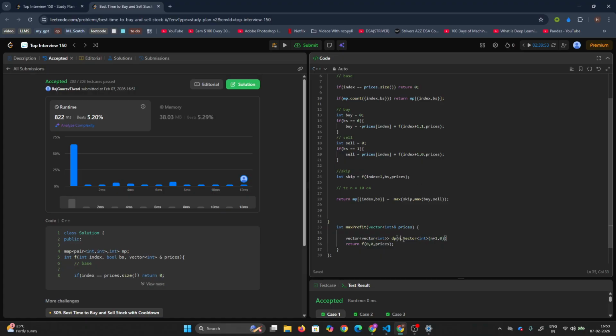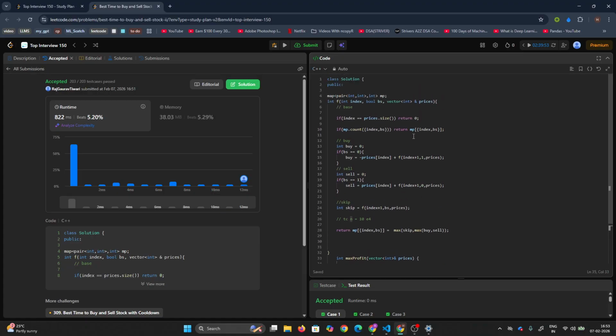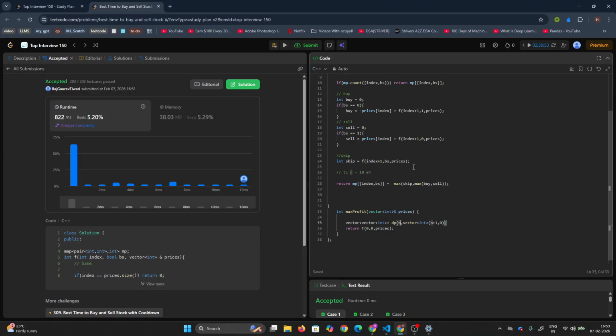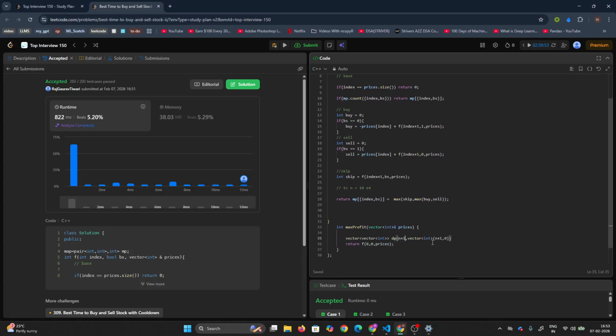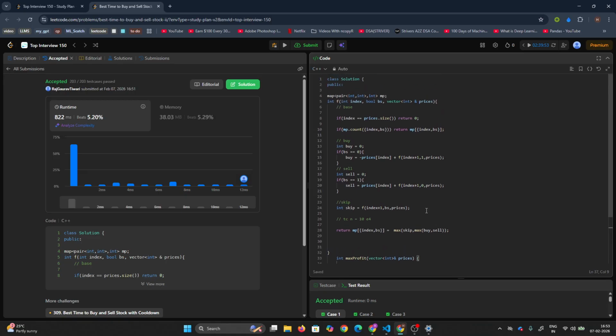Because we are going till prices dot size, which is n. So if we want to access the index n, the size should be n plus 1. And why 0? Because our base case is 0, we are setting the value 0. If we had taken anything else, we would need to initialize the base case separately. So to avoid doing that, I am simply initializing the DP to 0 to keep things simple. Now what we need to do?